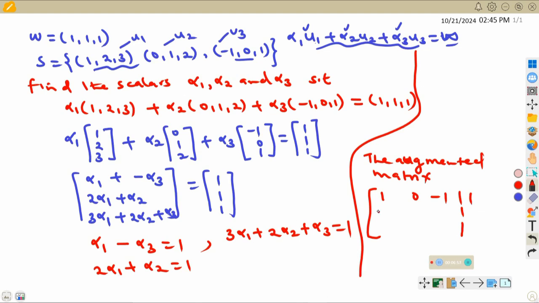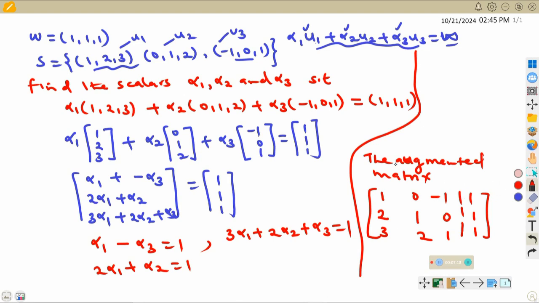This will be 2, 1, 0, and this side 1. Then this will be 3, 2, 1, and this is 1.